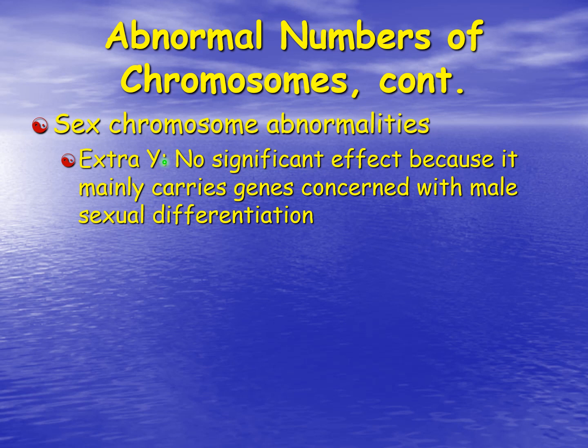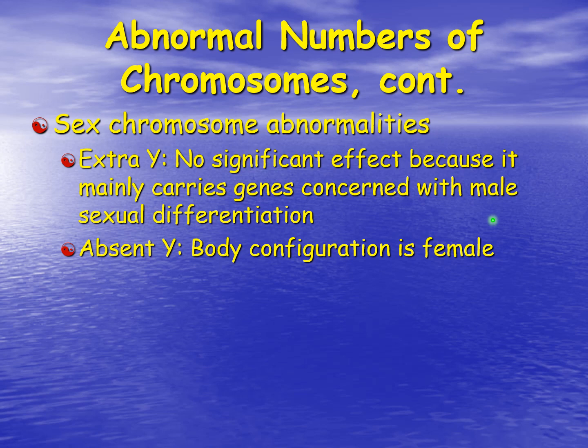So even though you have an extra Y, oftentimes we'll not see any significant phenotypic differences. However, because there are now 47 chromosomes, sometimes these individuals may have infertility because you cannot divide 47 equally. However, sometimes they actually will be able to produce normal sperm.